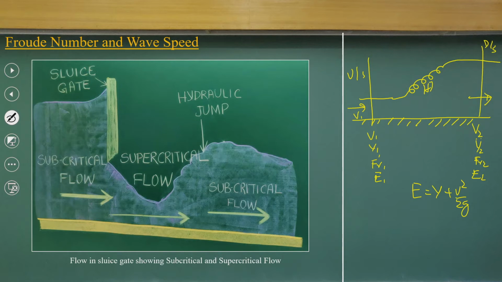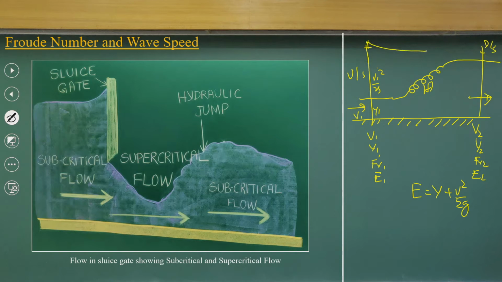If I draw the energy line, or energy gradient line, how will it come? This is the y1 depth, this will be v1 squared by 2g up to this location, and I have this point.